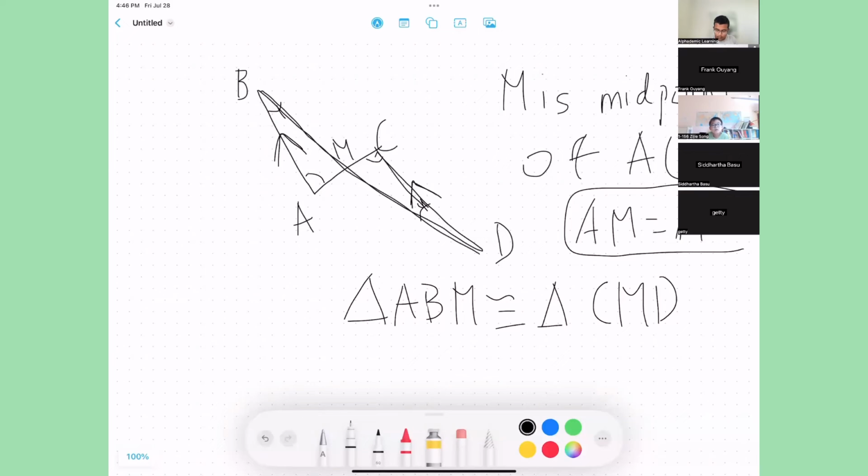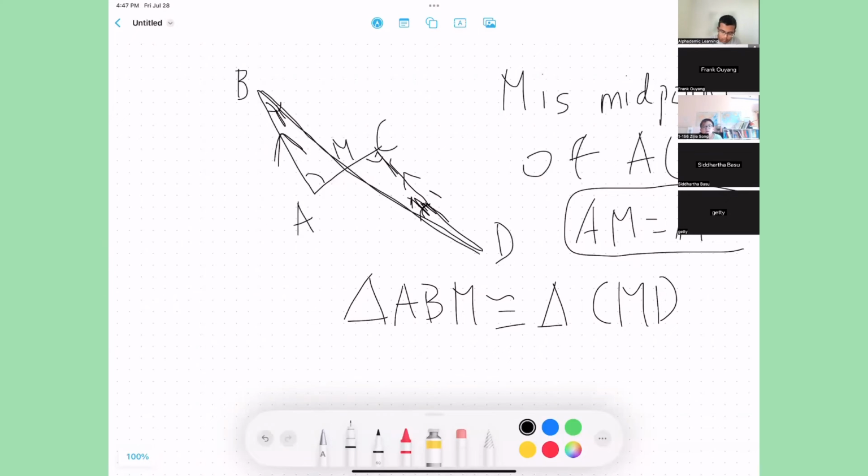If that's not clear, this is parallel, and then this must be equal to this. I think it's fairly easy to see why this holds, because it's given that AM is equal to MC, and then you can basically just use angle-side, because you have two angles.